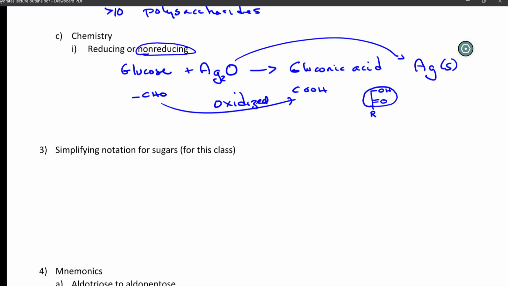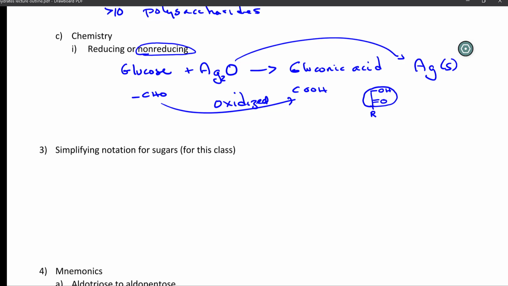So under basic conditions, there's a lot of aldehyde sugars and ketose sugars that will convert, because it's a base. Remember, enolization is base catalyzed. There's a lot of ketoses that can be converted over to aldoses under basic conditions through enolization.